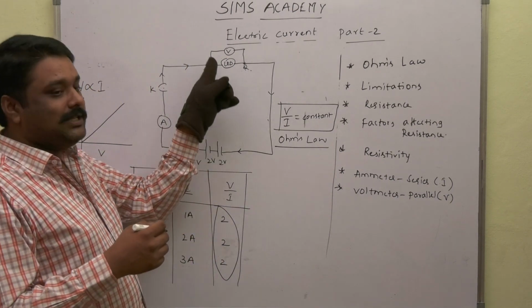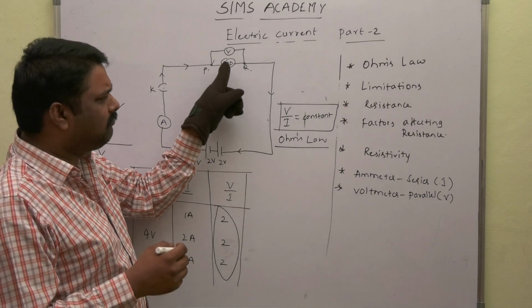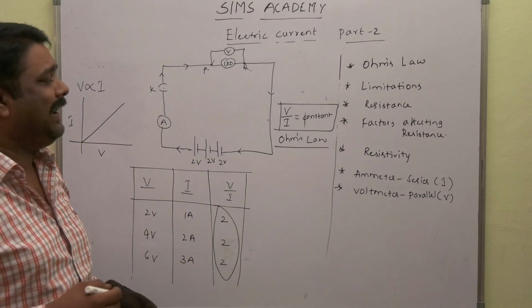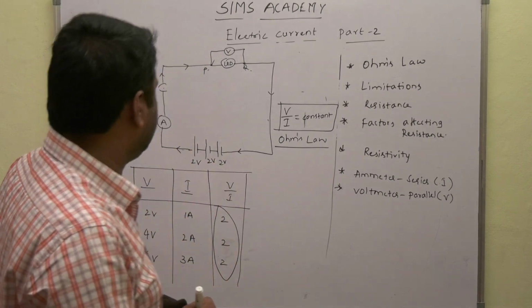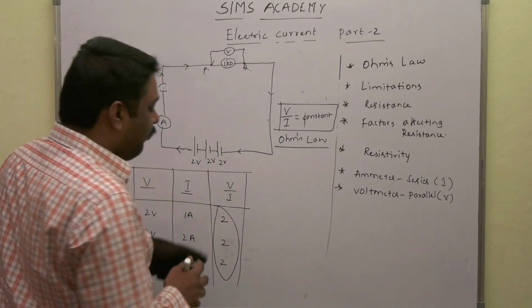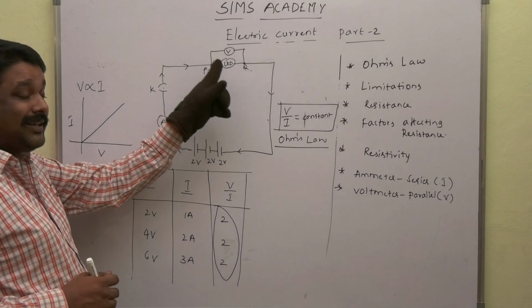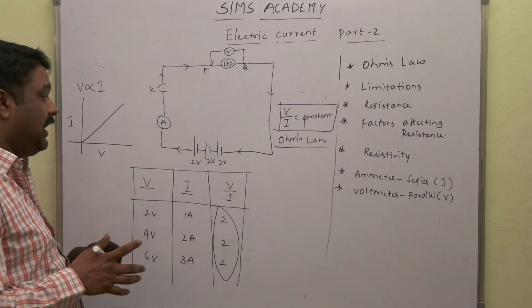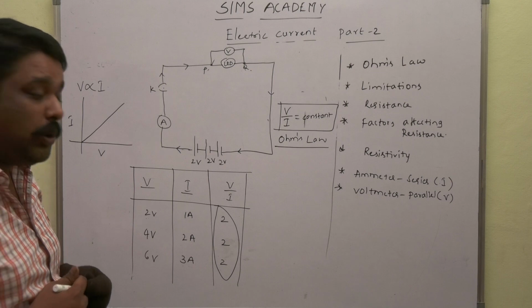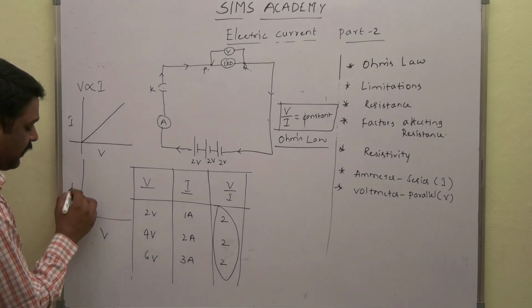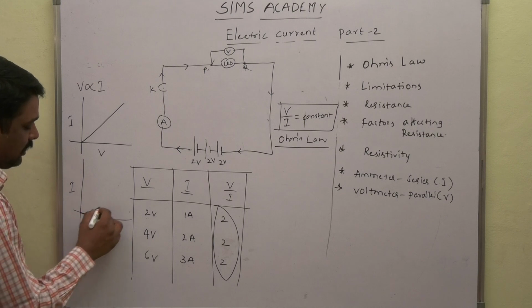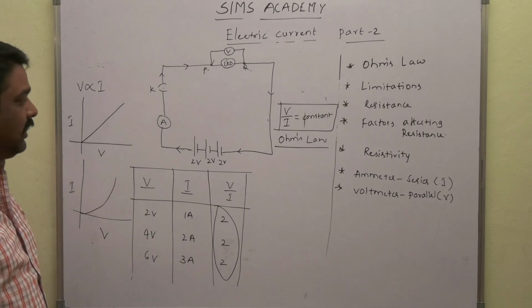Here instead of that iron spoke I have taken an LED, but from the observations we came to understand that the ratio of V to I in case of LED was not found to be constant. If I draw the graph from V to I, we don't get a straight line, we get a parabola.